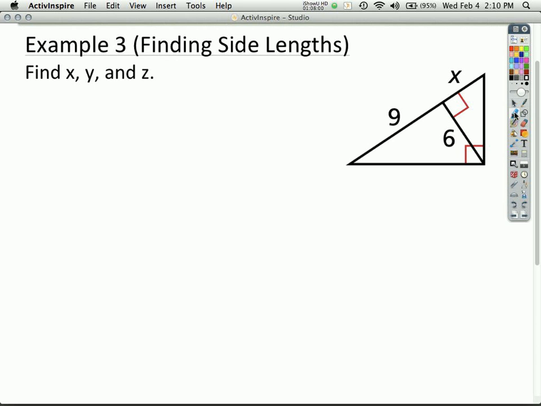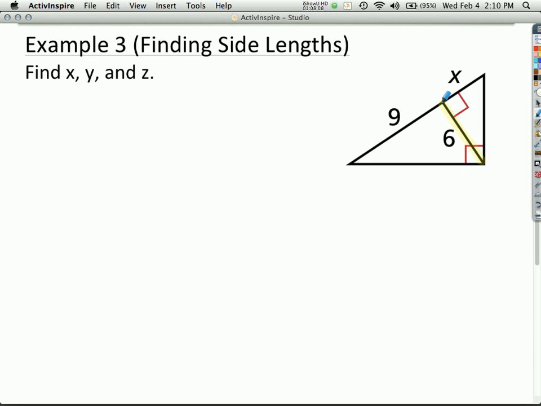And from the geometric mean theorem, we get that this segment is going to be the geometric mean of that distance and that distance. So there's a relationship there that we can use.